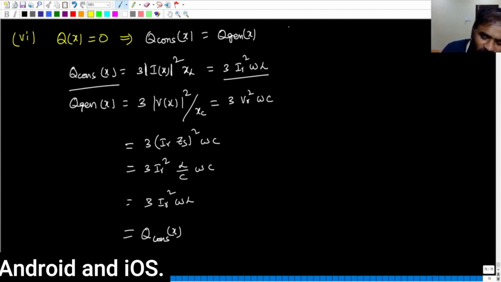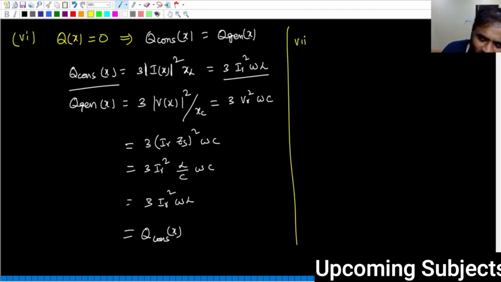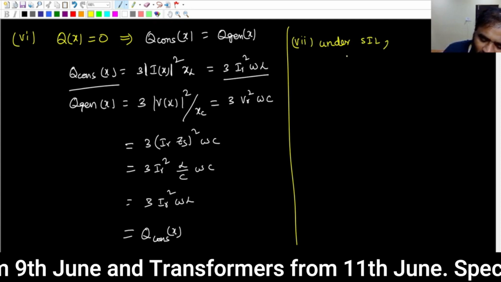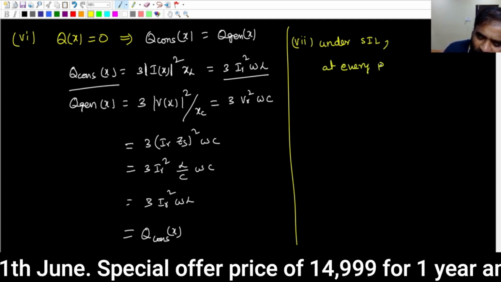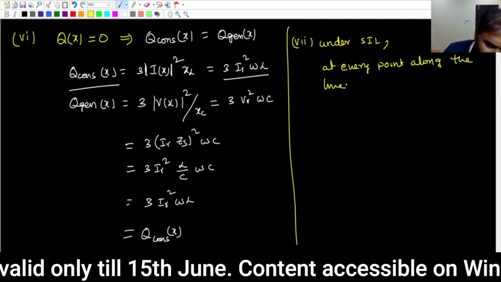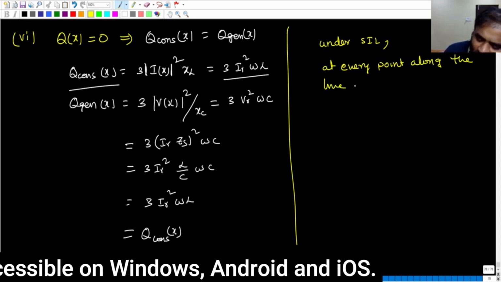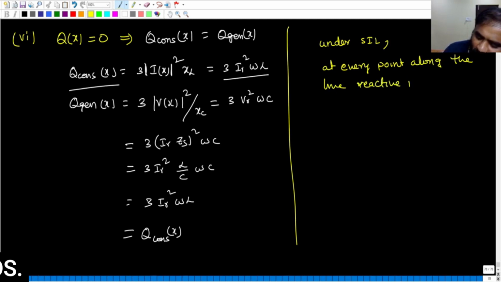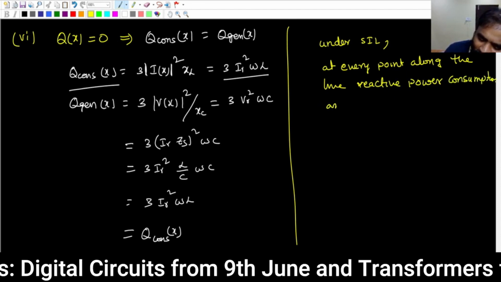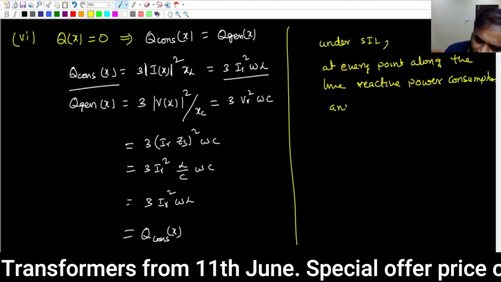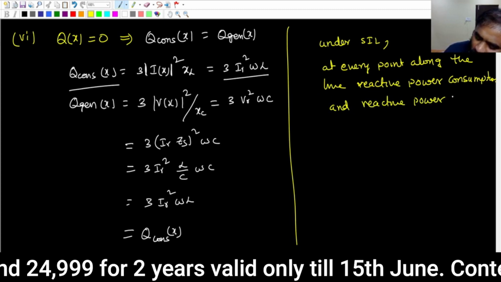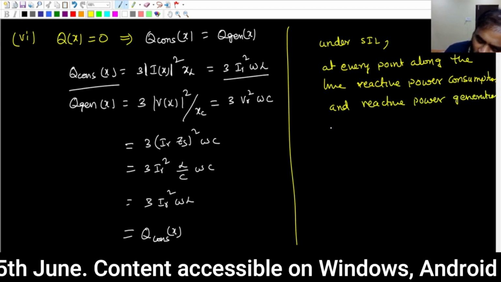What can you understand? Under surge impedance loading, under SIL, at every point along the line, the same conclusion we can write: at every point along the line, reactive power consumption and reactive power generation in the line are the same.